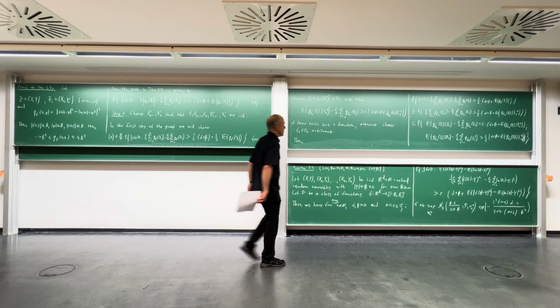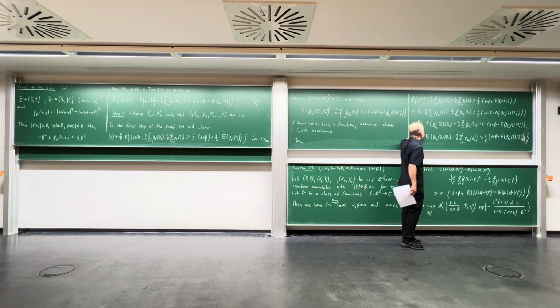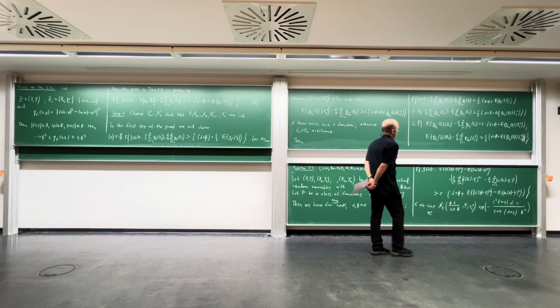You have to show that these two conditions here imply the conditions above, and you're done by monotonicity of the probability measure. So if this holds and this holds, then this must hold.